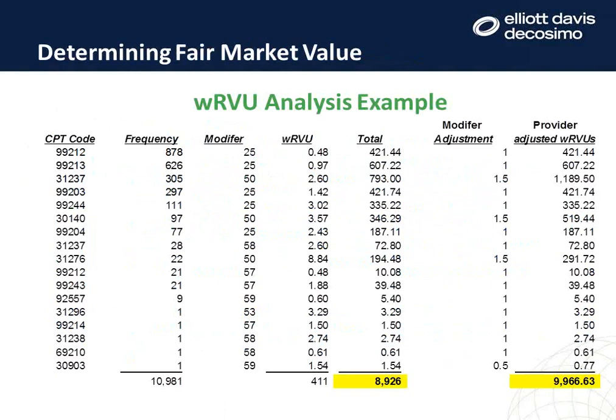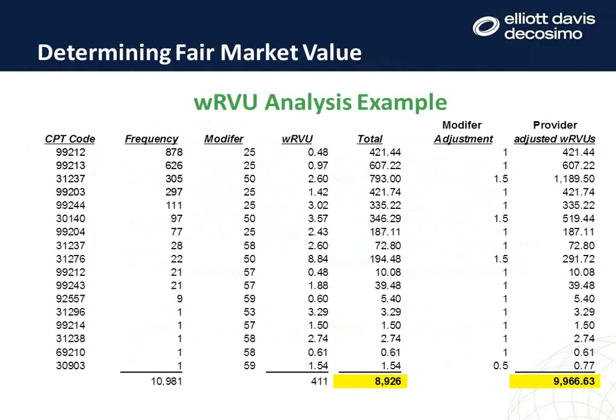And so in the modifier adjustment, you will see 1.5 related to bilateral procedures as the primary driver in this. And so in this case, using the modifier properly increased the RVU units by 1,000. It makes a dramatic difference in calculating the compensation.